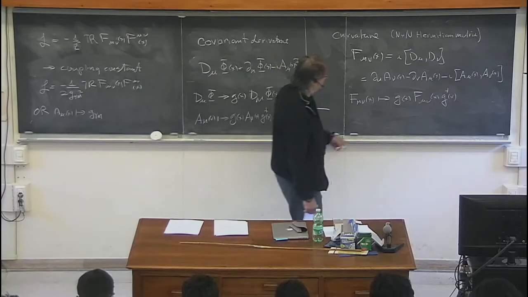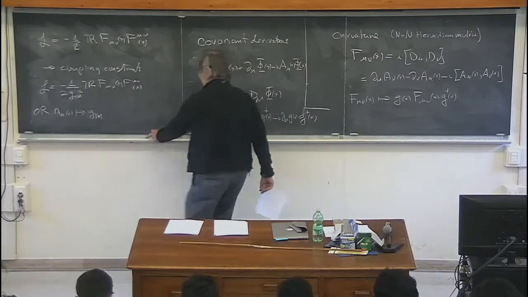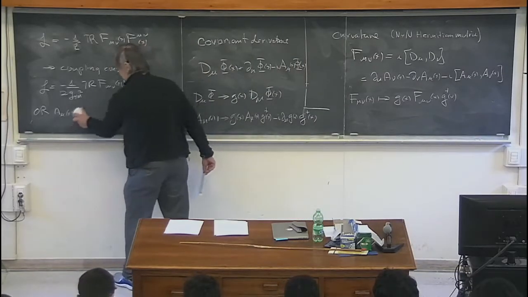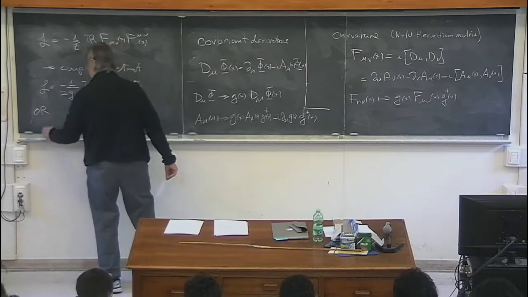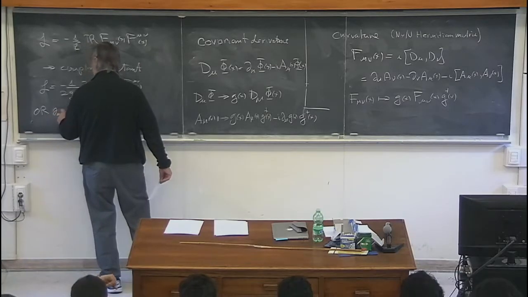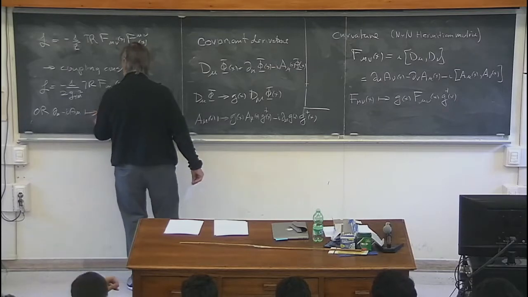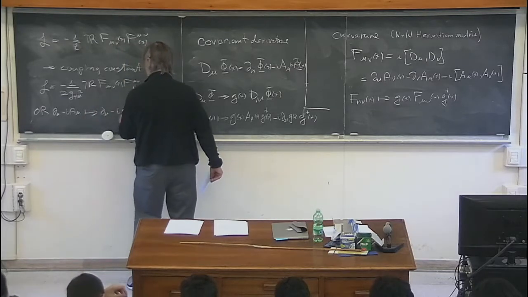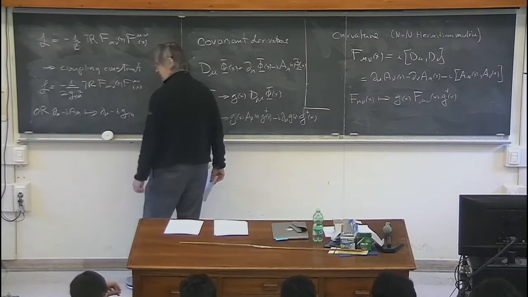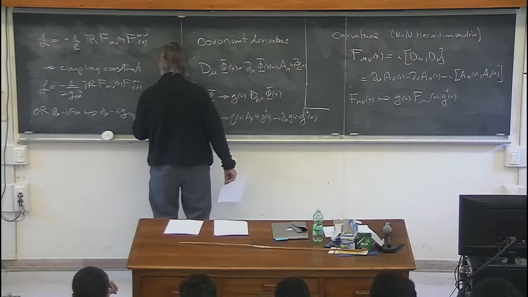That is in front of the A mu of x that appears in the covariant derivative. Maybe I should write that more clearly. So when you have a covariant derivative, D mu minus i A mu, you change that to D mu minus i times a coupling constant, which I'll call the Yang-Mills coupling constant, g sub Yang-Mills, times A mu.